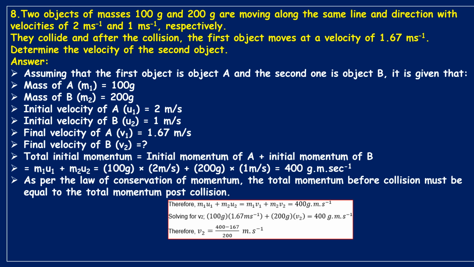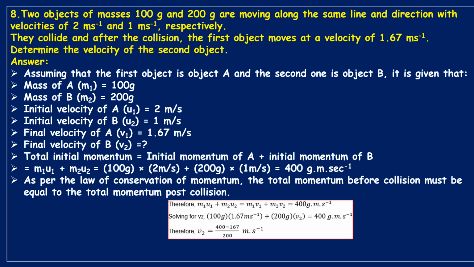Therefore, solving for V2: 100 into 1.67 meters per second plus 200 grams V2 should be equal to 400 gram meters per second.